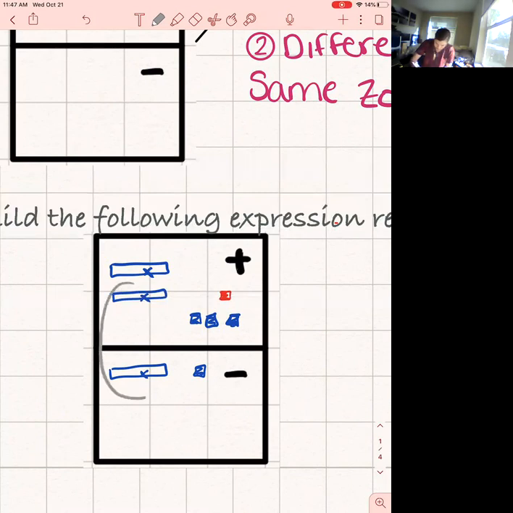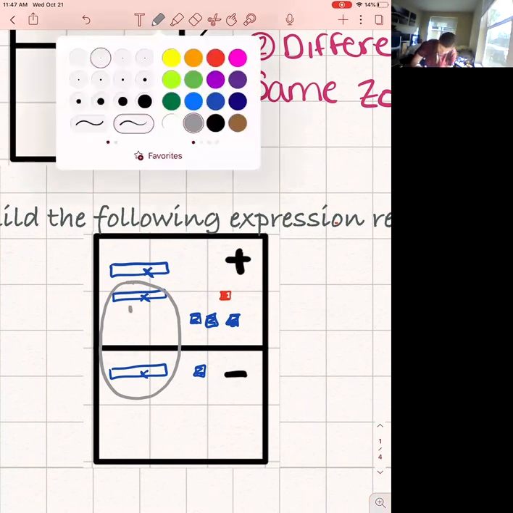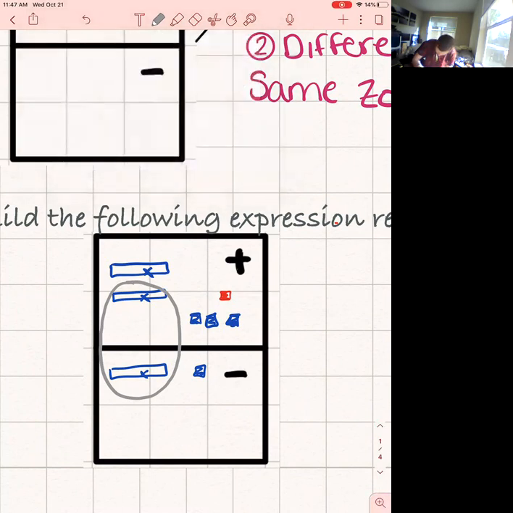So this X tile and this X tile. Those are same colors, different regions, because this is a positive X and technically this one is a negative X. So those create a 0. I can cross those out. That's not part of my expression.